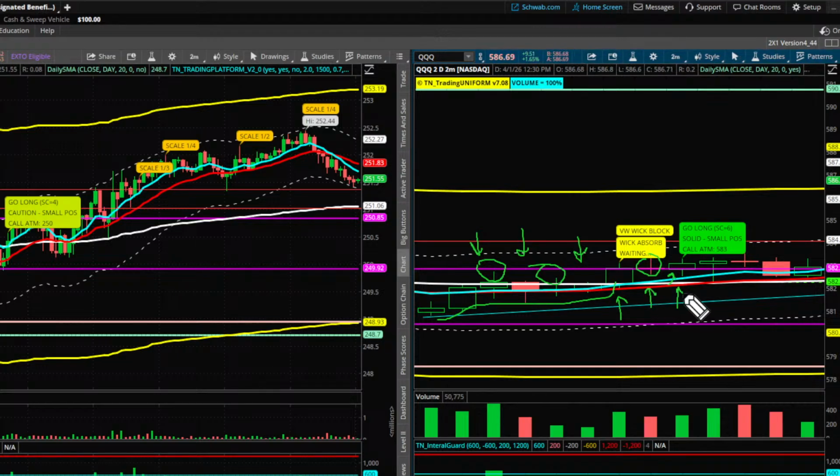So this is a true bullish signal. That's why it gave it a score of 6, and it says solid. It tells us basically to buy call options at 583. That's why this signal is so powerful.